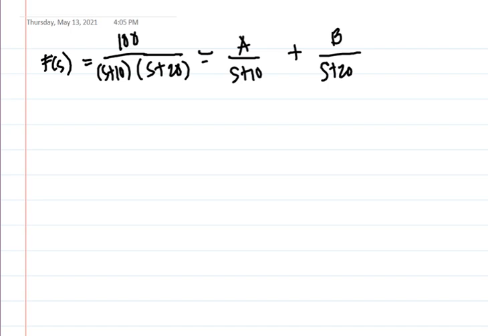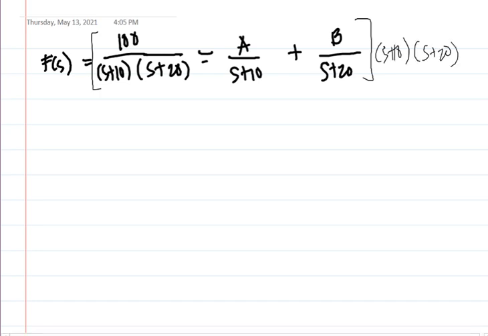Then we apply our Laplace transform. Applying the theorem of Laplace transform, we can use equating of exponents, the traditional technique wherein we multiply by the denominator, which is s plus 10 and s plus 20.